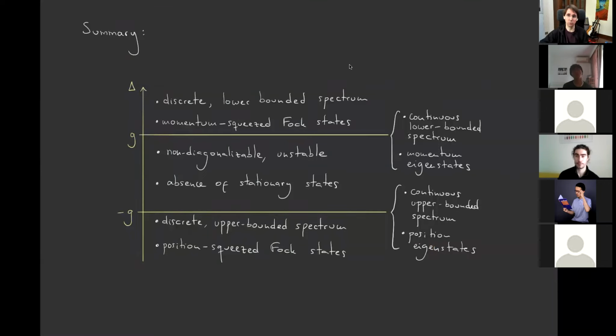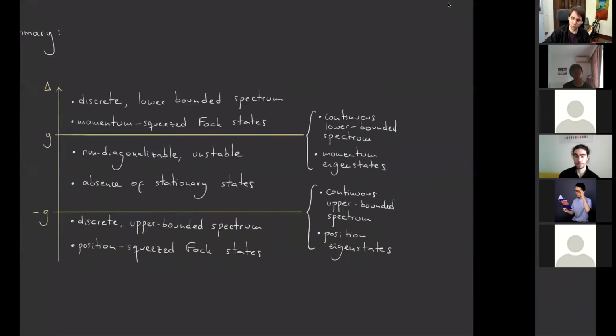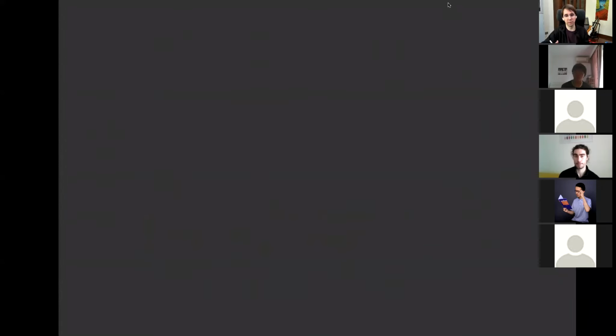And what I want to do now is use this analytic treatment of the Hamiltonian to understand this unstable behavior in practical terms. For example, how would you try to identify whether you are in the stable or unstable phase?